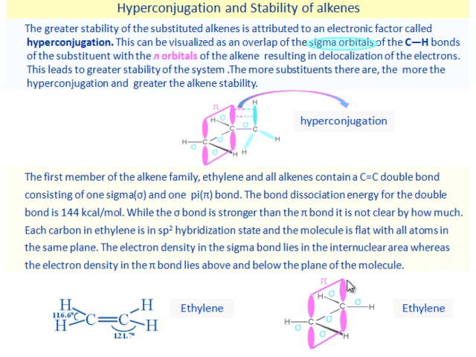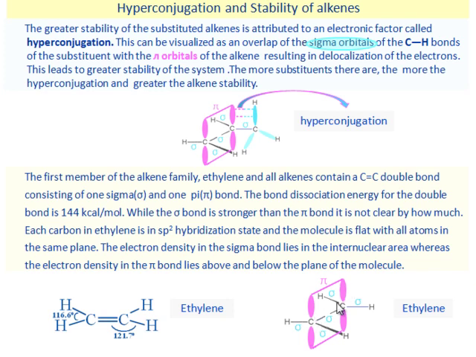The bond dissociation energy of the double bond is 144 kilocalories per mole. While the sigma bond is stronger than the pi bond, it is not clear by how much.